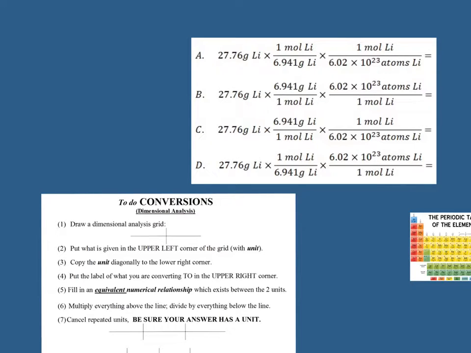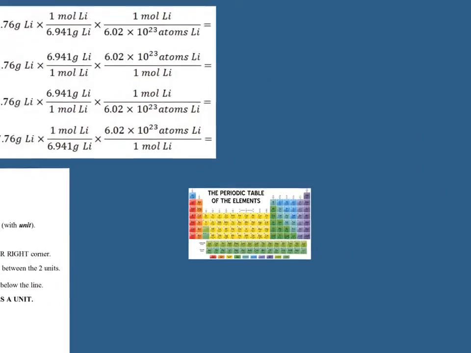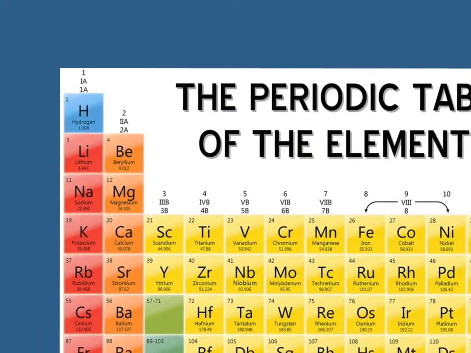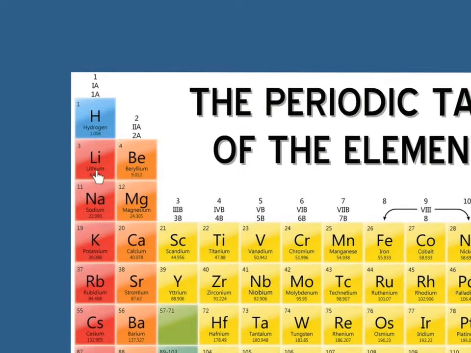So let's see how we're doing. We're starting off with 27.76 grams of lithium. And if I look on the periodic table for lithium, it's right over here. And I see that there is a mass on the periodic table of 6.94. This mass on the periodic table is always what we're calling the molar mass, because that's not a mass for one lithium atom.